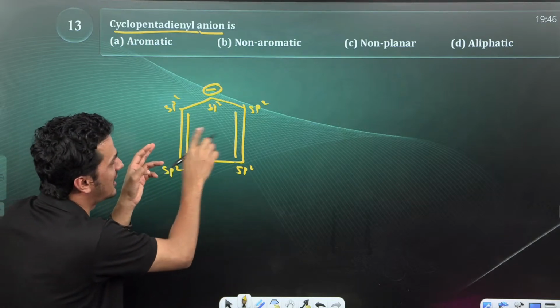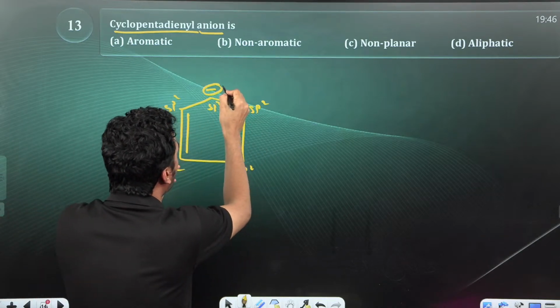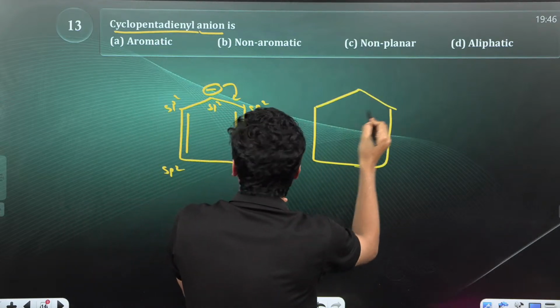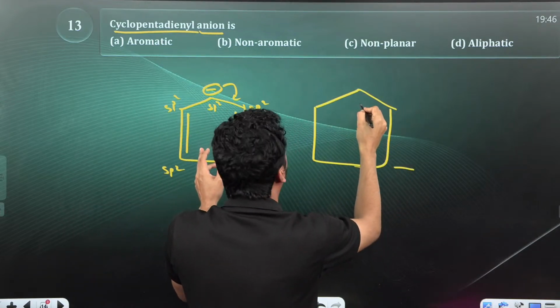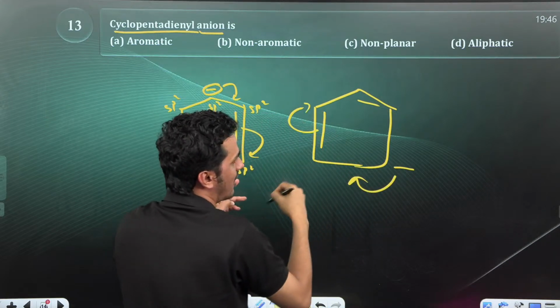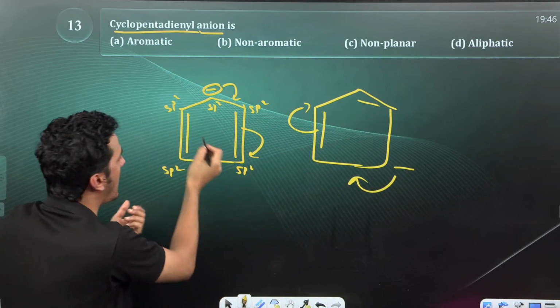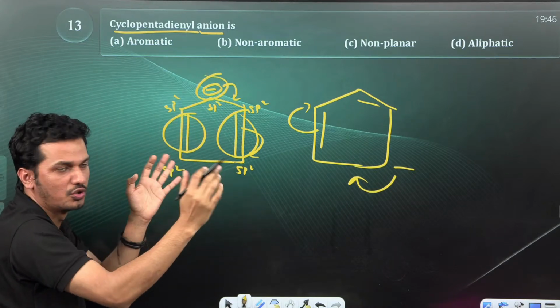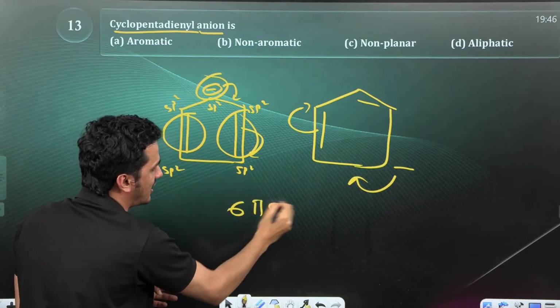And how many electrons are there? All electrons are delocalizable. You can show the resonance like this. So here resonance coming means the negative charge will come here, double bond here, double bond here. Next resonance, this will come, this will go here. So total how many electrons are participating? These two, as well as this negative containing 2. Total 6 pi electrons are there.